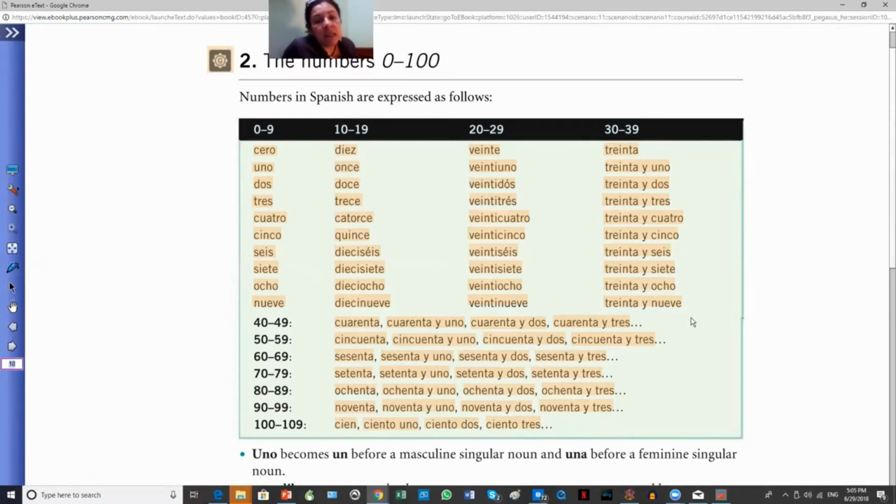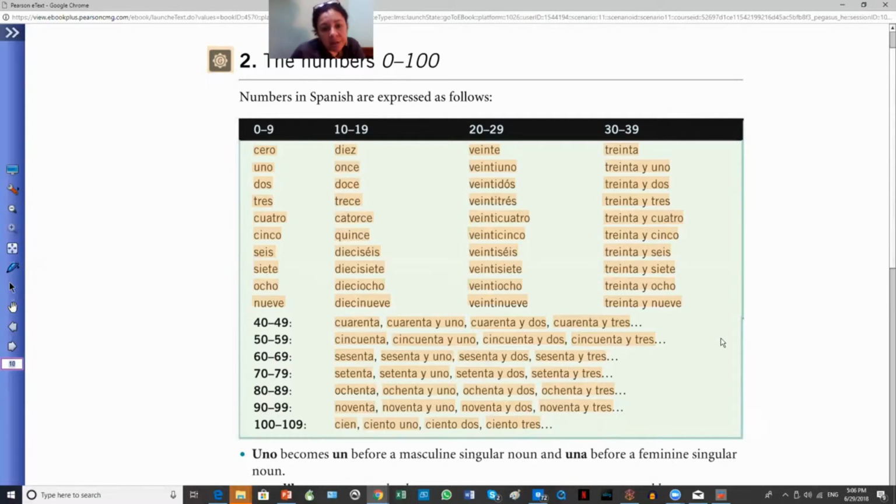English does it in the hundreds: you include that "and" in 101. Spanish doesn't do it in the hundreds. Spanish does it in the two digits, see? 31, 21, 41, 51, 71. That's what it does, okay? So control that filter of English.